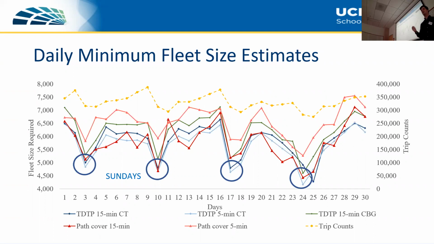You can see that the Sundays almost always have the lowest fleet sizes, despite not necessarily having obviously the fewest number of trips. Monday has fewer trips than Sunday, but Sunday has a much smaller fleet size, which has to do with a couple of things, but one of them is the length of the trips. Apparently the lengths of the trips on Sunday are much smaller than on Mondays, and the spatial distribution of trips is also different.